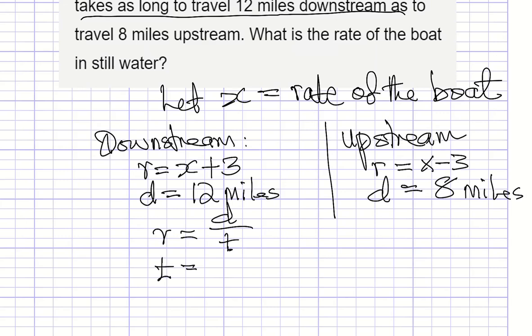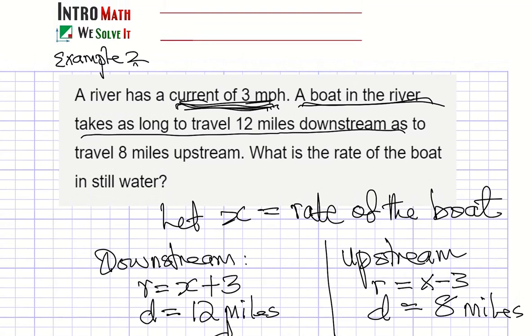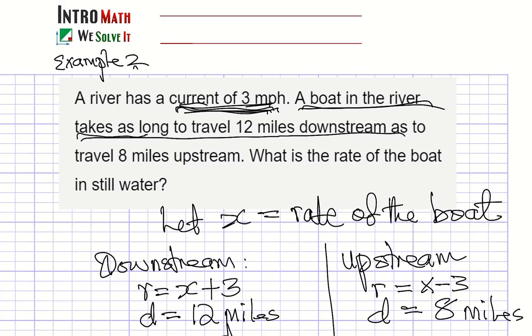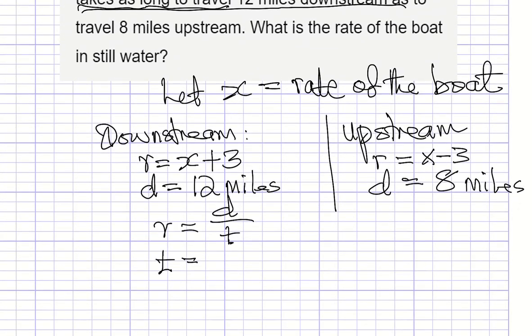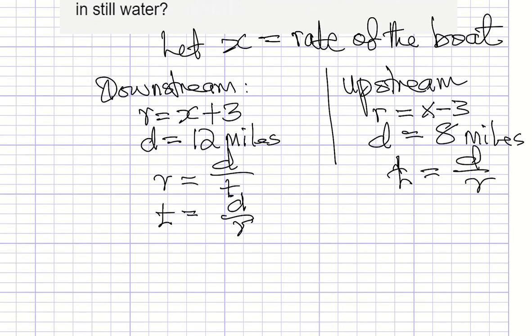It says it takes as long to travel downstream as to travel upstream. That means the time is the same. So we're going to equate the two times. The time for downstream is D over rate, and the time for upstream is T equals D over rate. That was from the stuff I showed you before.